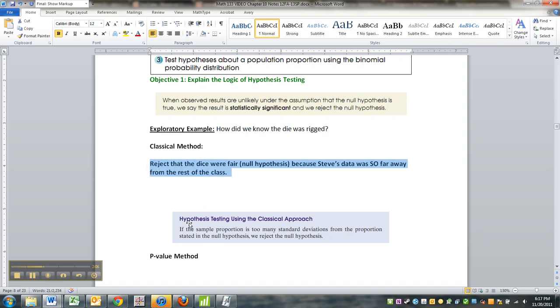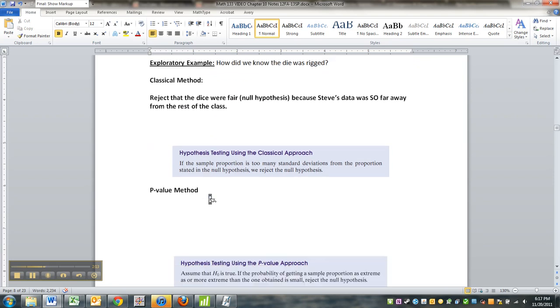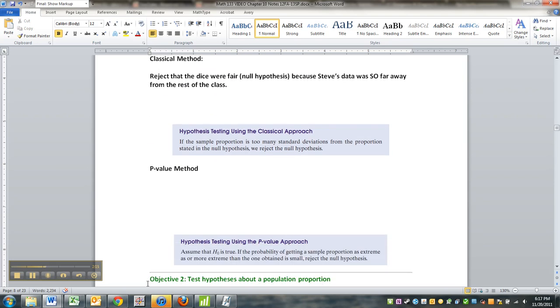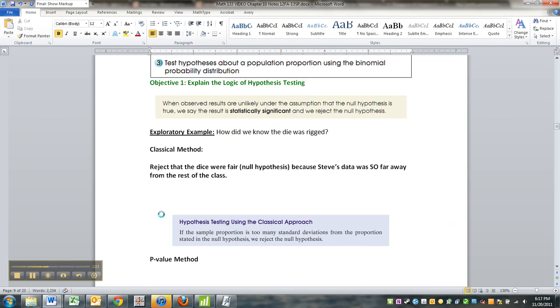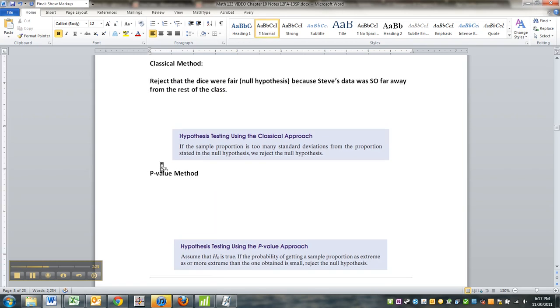When somebody's far away, in other words, if their z-score is really high, right? If they're like 5 standard deviations away from the rest of the group, that's a sign. Okay? All right, now the other thing you can do is you can think of the p-value. What did that mean?